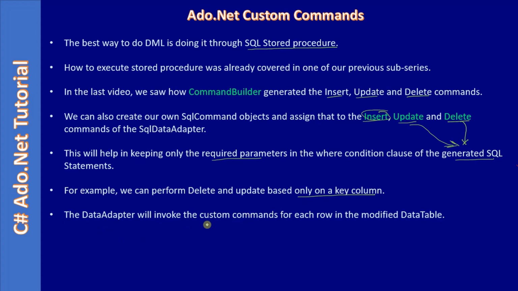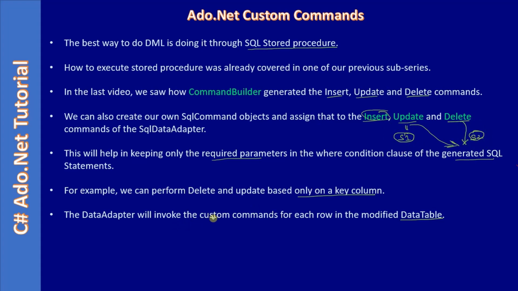The data adapter will invoke the custom commands for each row in the modified data table. Custom commands means the update and delete of SqlDataAdapter, which we will supply with some query. Let's say this is the update query S1 and we will give S2 a delete query.